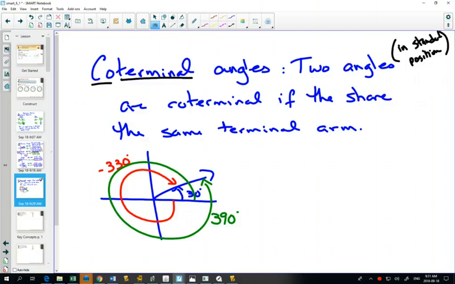And in the English language, if you have co in front of something, it means to share, right? Two organisms coexist. They share the same area. We've got cooperate, operating together, sharing, working together.